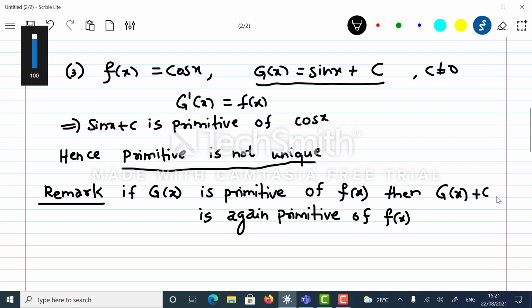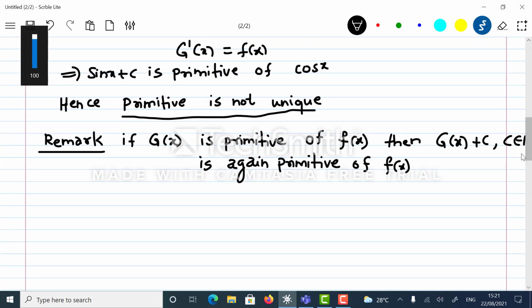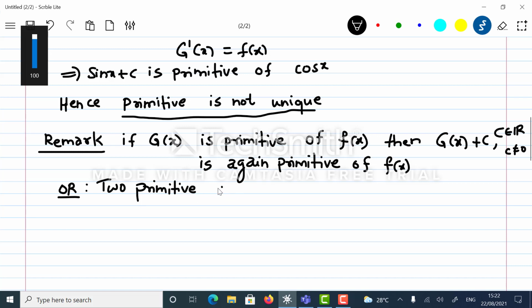Of course you should remember this, where c belongs to R and c is not equal to 0. That should be noted. So in other words, we can see that two primitives differ by a constant.